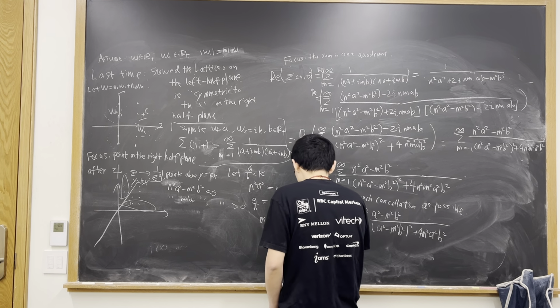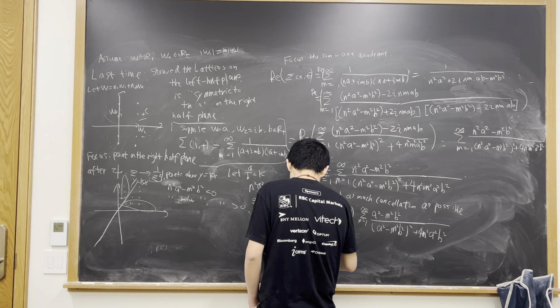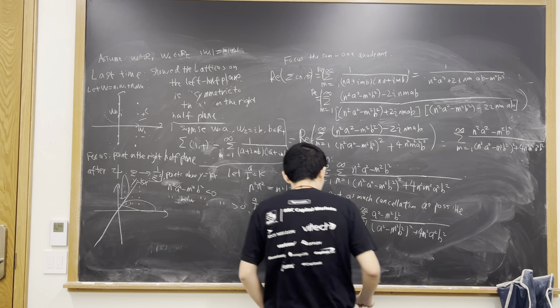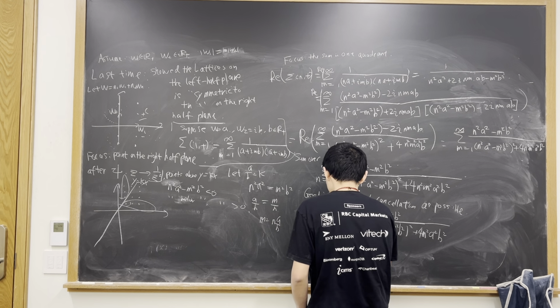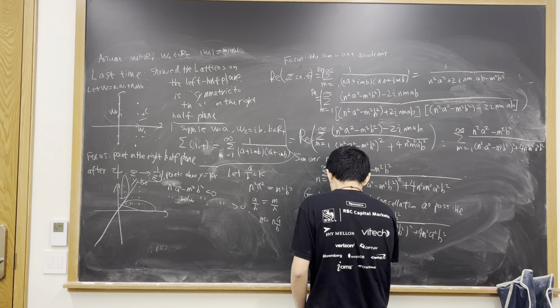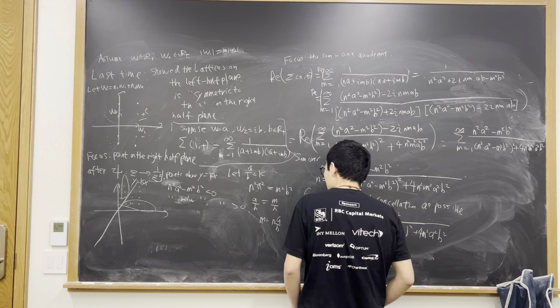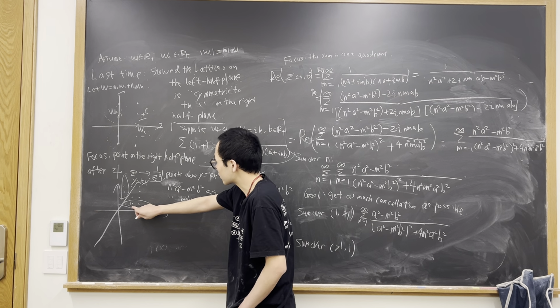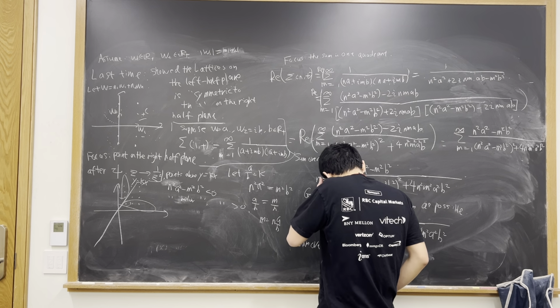Now I sum over the rows bigger than 1. The first row starts with 2.